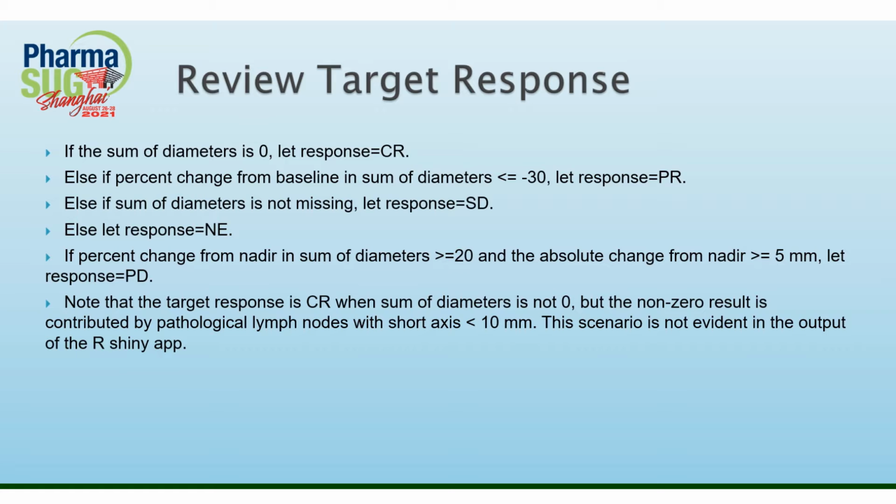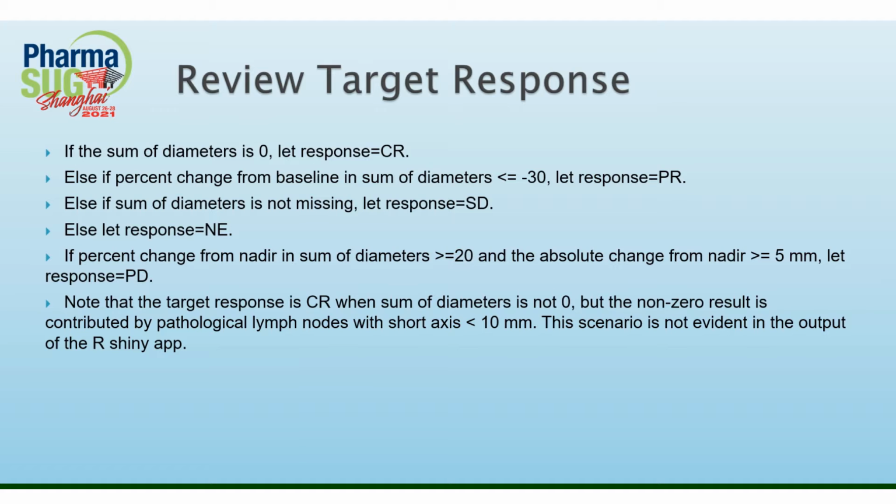So in the Shiny app, we are going to draw a percent change from baseline in sum of diameters line plot, which will be used to verify this criterion. The next rule: else if sum of diameters is not missing, the response is SD, else let the response be NE.